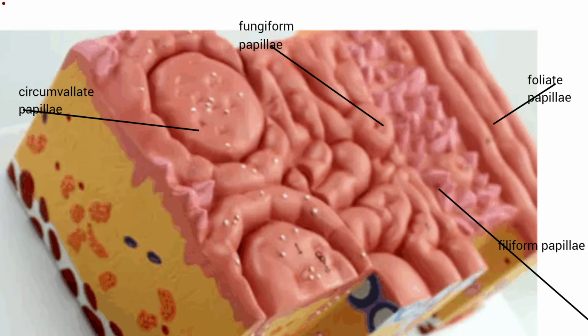Filiform papillae are so tiny, they are small enough to be actually on top of the other ones.